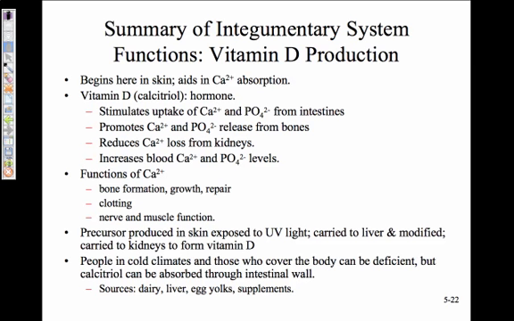Vitamin D production begins in the skin, and you need vitamin D in order to help absorb calcium. Calcium is important for bone growth, so if you're low in calcium, a lot of times you'll have to take a calcium supplement, and that supplement will have vitamin D mixed with it, or you have to take a separate vitamin D supplement also.